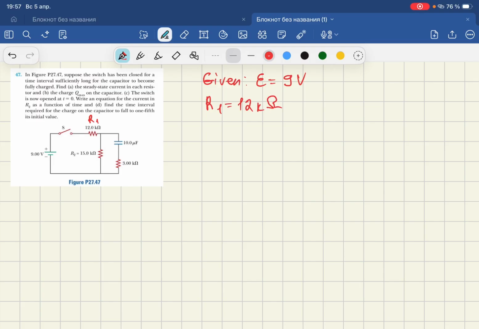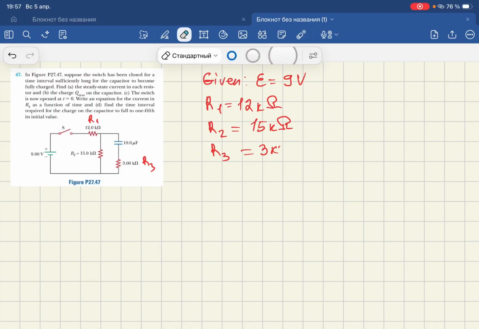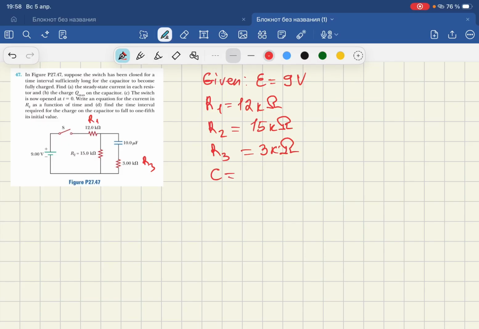The second resistor is equal to 15 kilo ohm. The third resistor is equal to 3 kilo ohm. So we have three of them. Then one more thing is the capacitor, which is 10 microfarad.